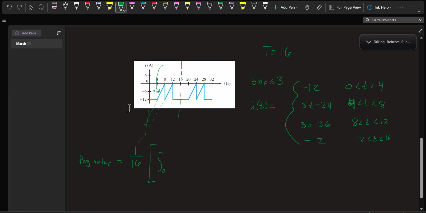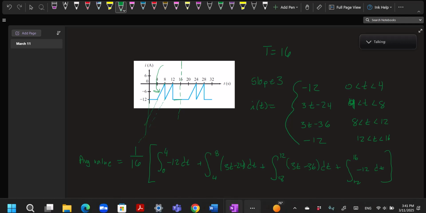So the integral from 0 to 4 of minus 12 dt plus the integral from 4 to 8 of 3t minus 24 dt plus the integral from 8 to 12 of 3t minus 36 dt plus the integral from 12 to 16 of negative 12 dt. And then I am too lazy.